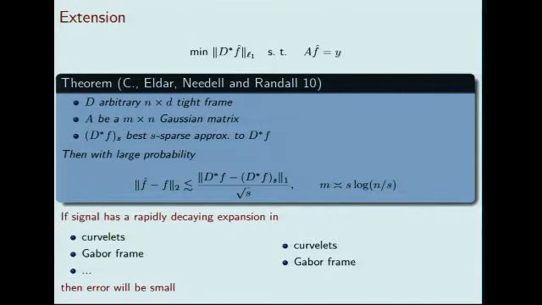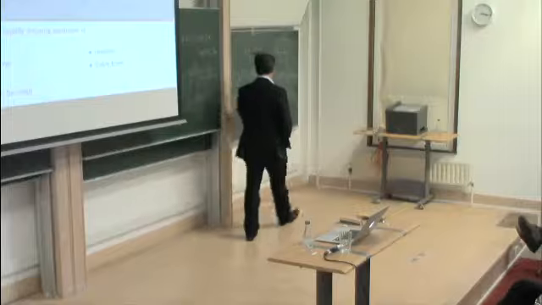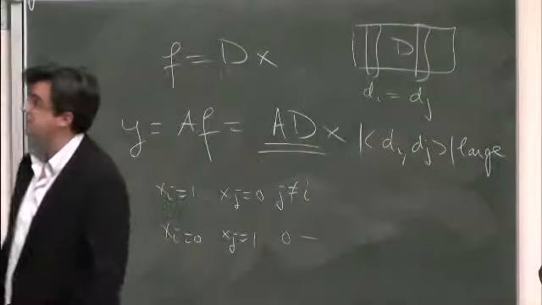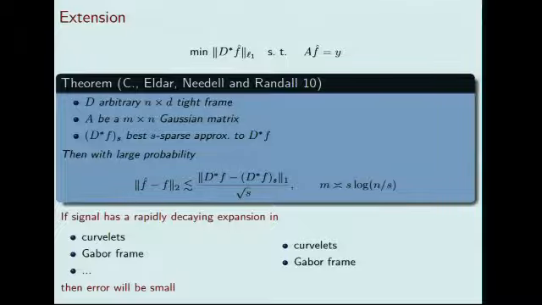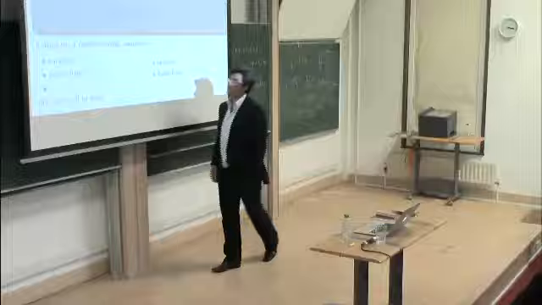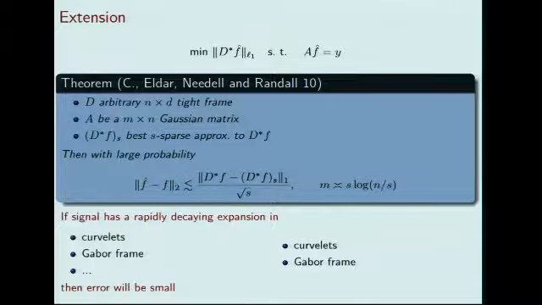The result is that if we do this, then it works well. So if I have an arbitrary tight frame, and if I sense by Gaussian matrices, so if A is a Gaussian matrix for the moment, and if again I define my best s-sparse approximation, which is the largest coefficients of f in my representation D, then what you can guarantee is that the distance between f hat and f is less than the distance between D star f and its best s-sparse approximation.